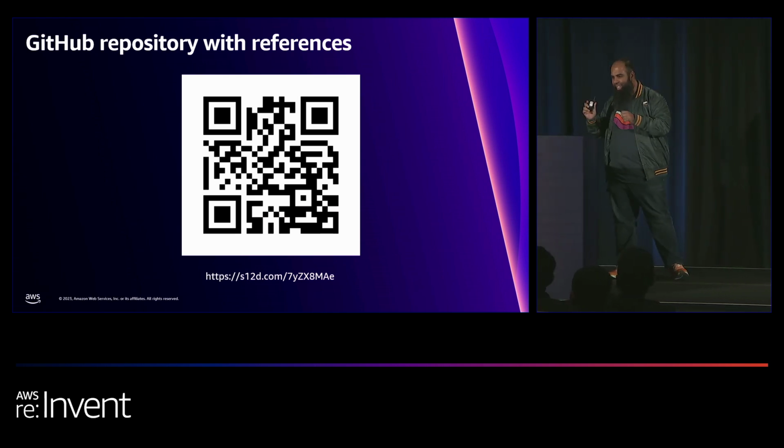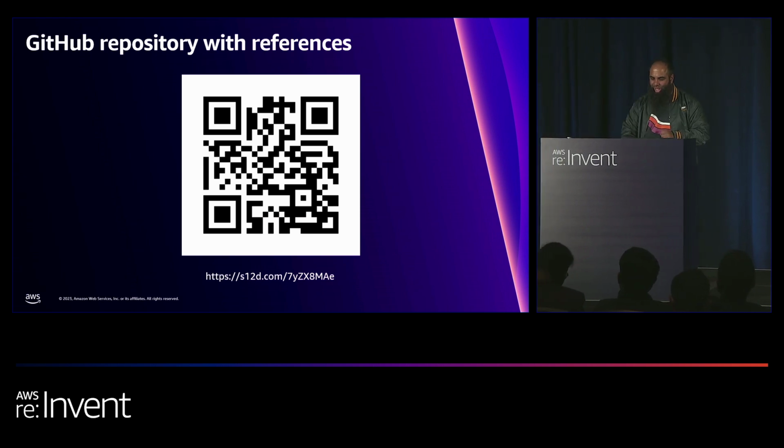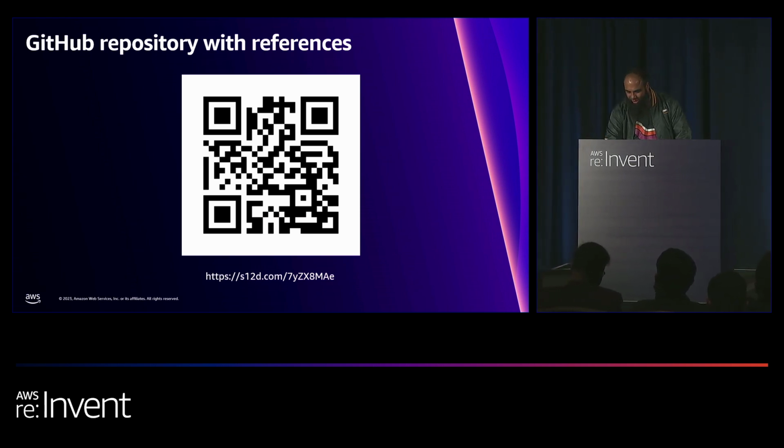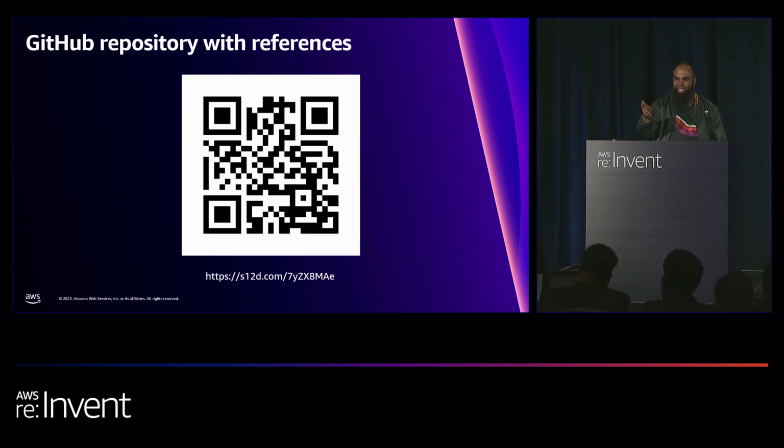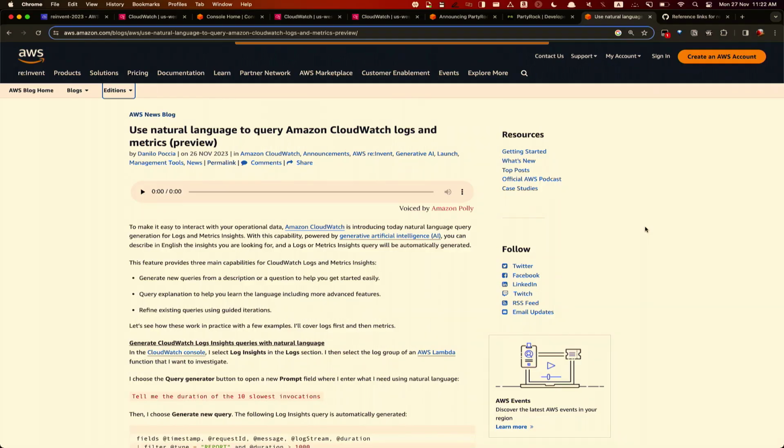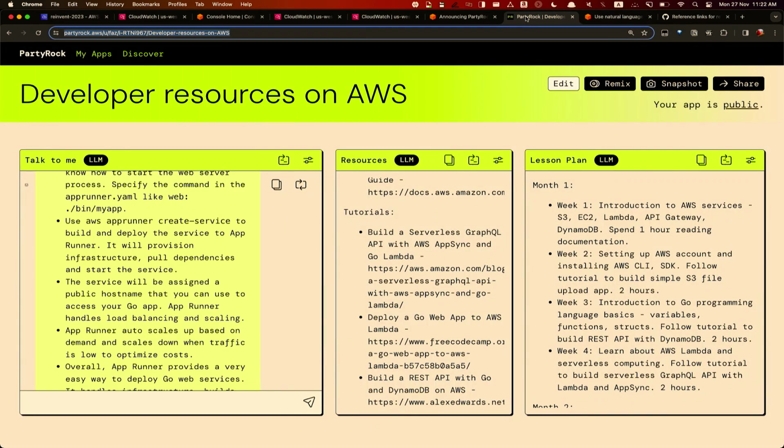Also, in the vein of generative AI and everything awesome, I'll share one last resource, which I've also put in the gist before the talk started. We announced PartyRock a few weeks ago, right?